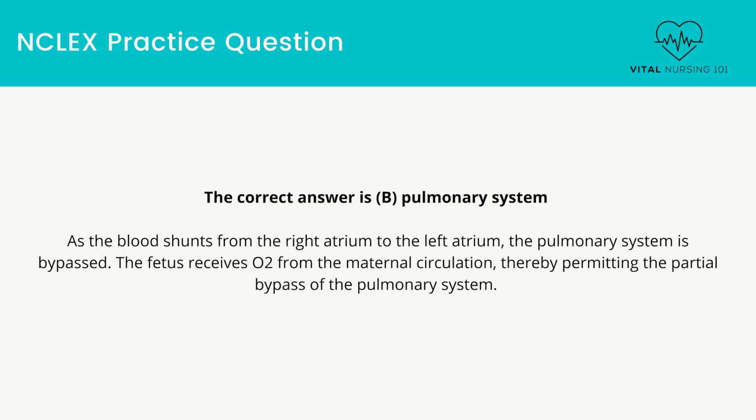The correct answer is pulmonary system. As the blood shunts from the right atrium to the left atrium, the pulmonary system is bypassed. The fetus receives oxygen from the maternal circulation, thereby permitting the partial bypass of the pulmonary system.